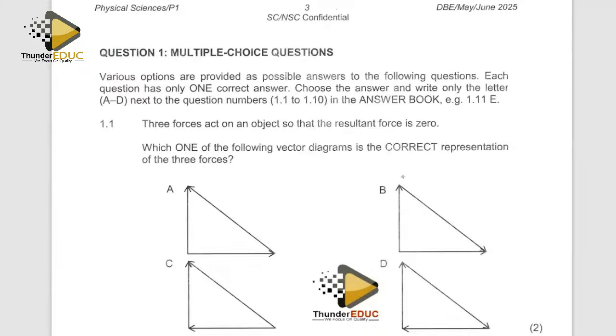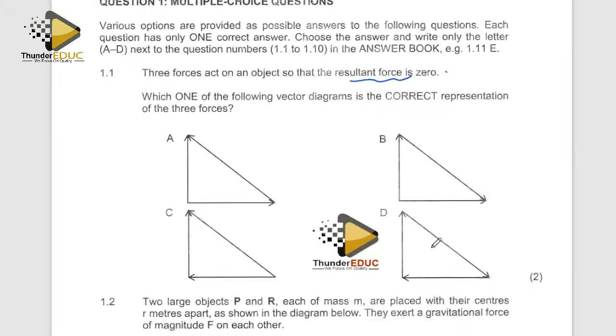Now we have 3 forces that are acting on an object as shown, so that the resultant force is 0. Which of the following vector diagrams is a correct representation? If I look at this with the format of the vector diagrams, which is head to tail, A cannot be, C cannot be.